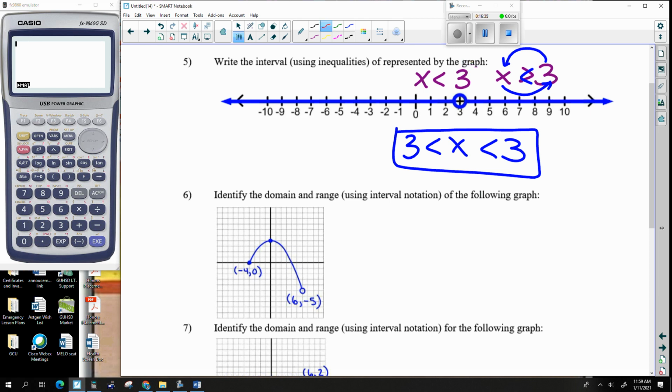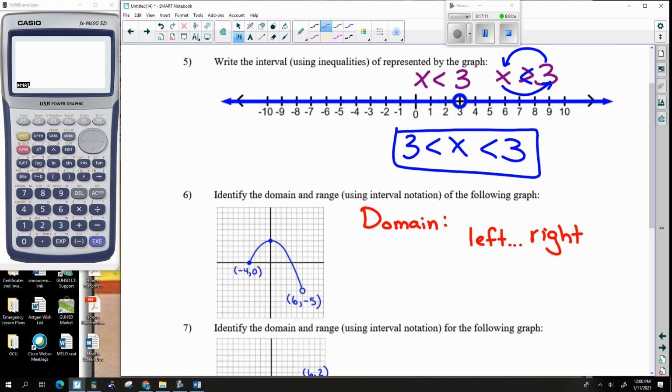Domain and range. Domain is, I'll talk about this interval notation here in just a second, but it is the leftmost point to the rightmost point of a picture. It's the leftmost to the rightmost.